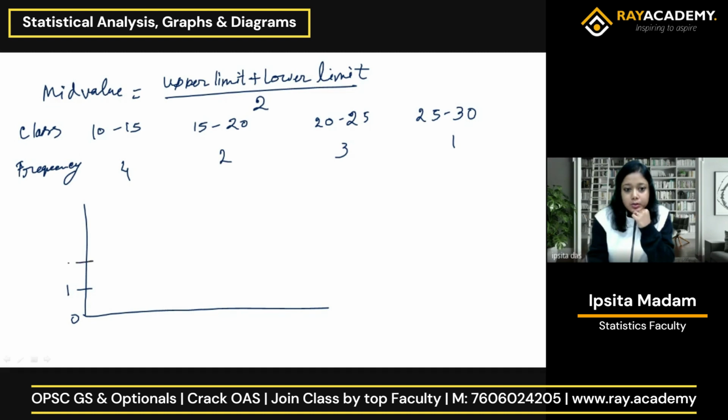One, 2, 3, 4. This is our 10 to 15, 20, 25, also 30. And this here 5.